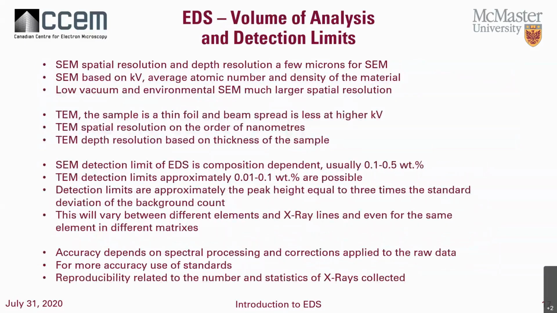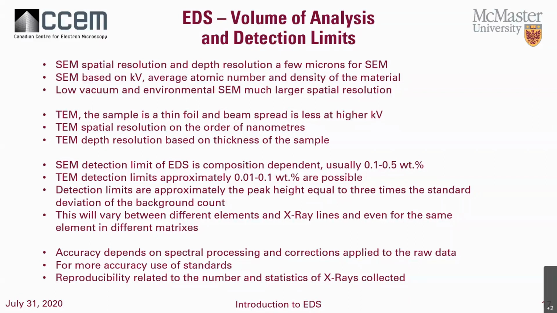So when we're talking about the spatial resolution, so basically the area over which we're getting the X-ray information, and the depth, there's a little variation between SEM and TEM. There also are some detection limits.